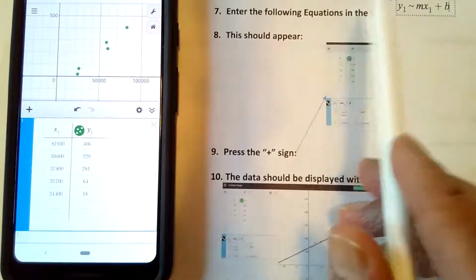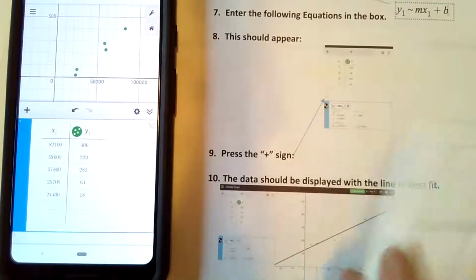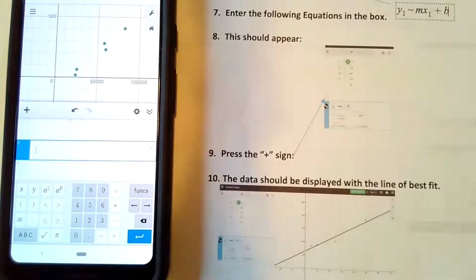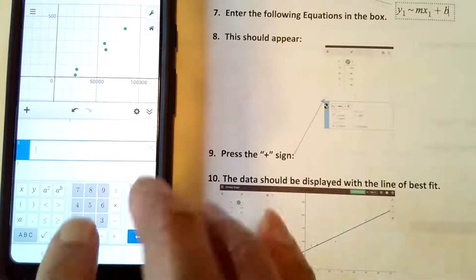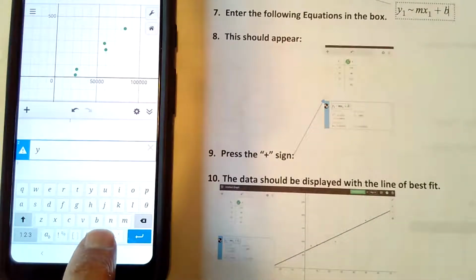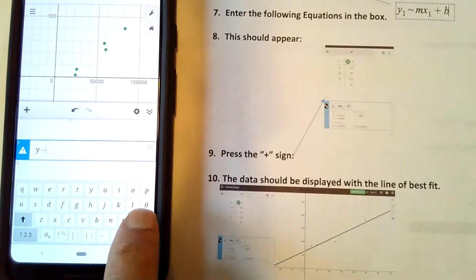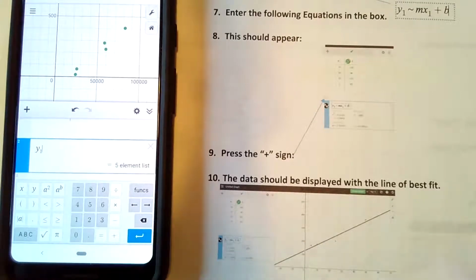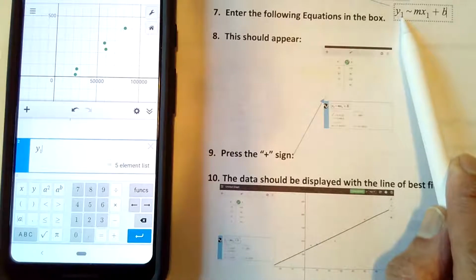Okay, so we'll do that right now. We're going to put in this box here, y. Now, the keypad comes up, so it helps here, y. Now, the tilde sign, you need to press your A, B, C, and the tilde is right there. But before that, I need to put 1 there. I need a subscript. I need that 1 mentioned there.